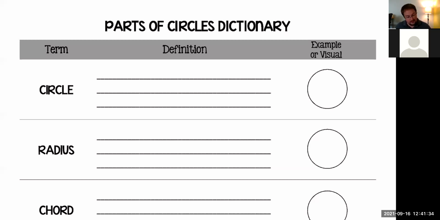So first off is circle. We may know a circle when we see one, but maybe not necessarily know what it means to be a circle.